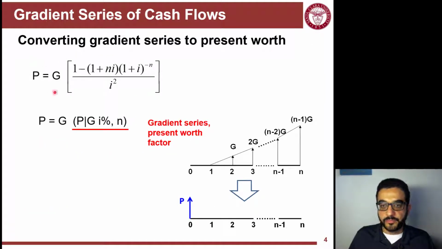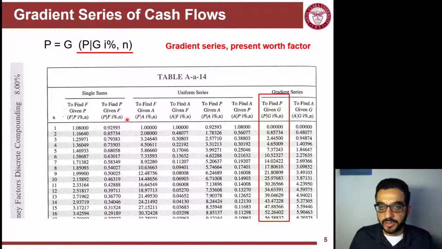This is the formula for calculating the present worth of such a series. If I have a series with that shape and I want to calculate the present worth, I multiply by this formula, which I can represent with a factor P given G. P given G is another column in the standard interest tables.